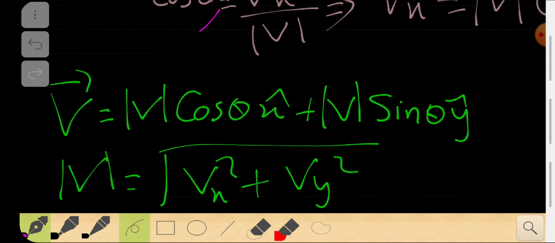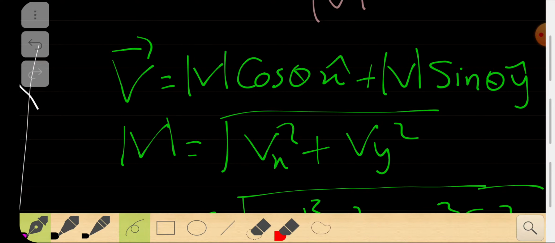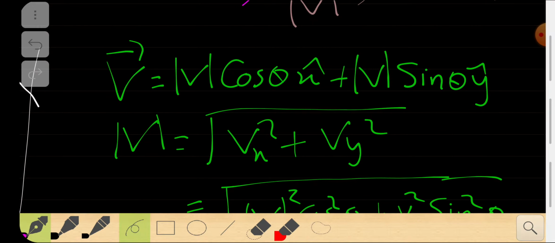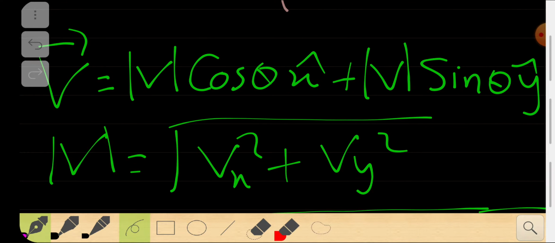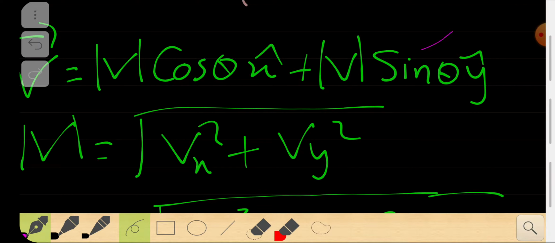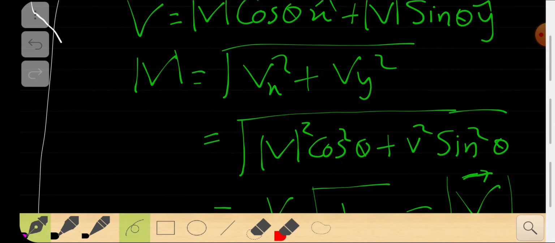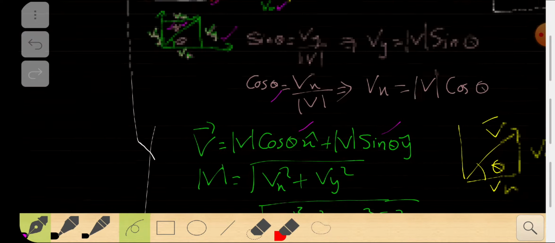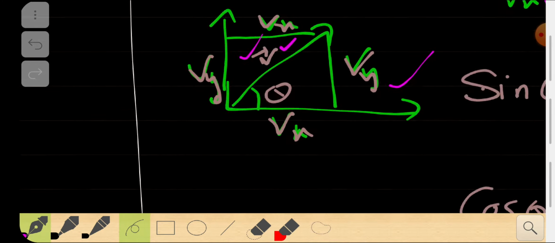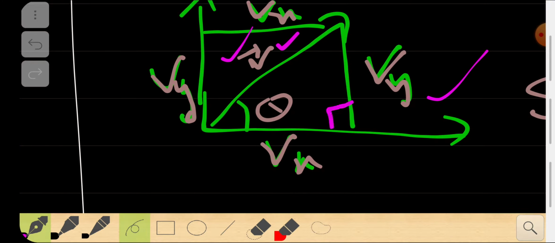Now we can write down the vector in terms of its components. So V will be composed of some V cos theta in the x axis and some V sin theta in the y axis. Now for fun, if you reverse that, we can find out the magnitude. Looking at this diagram, you can see there is a 90-degree angle here.